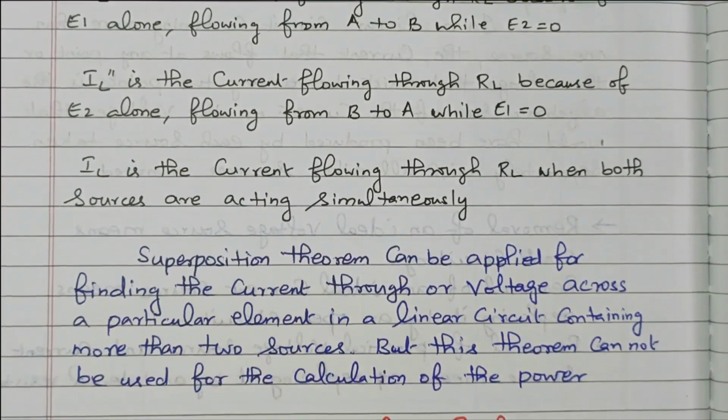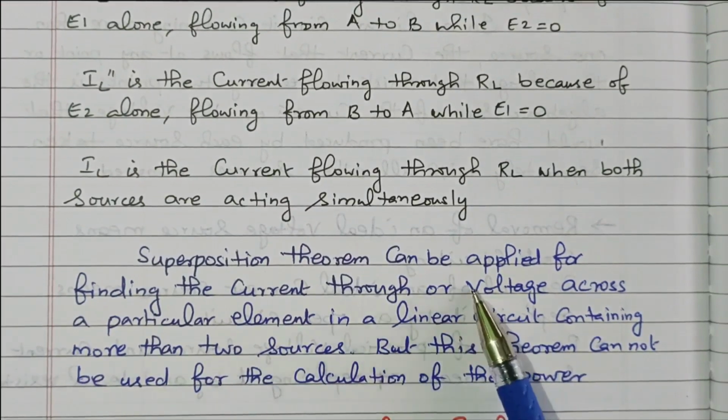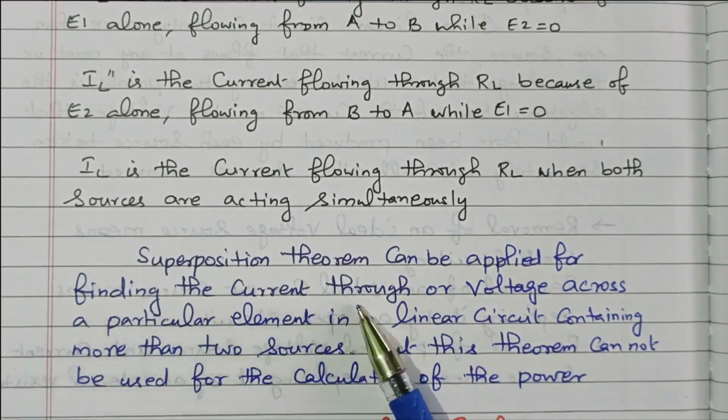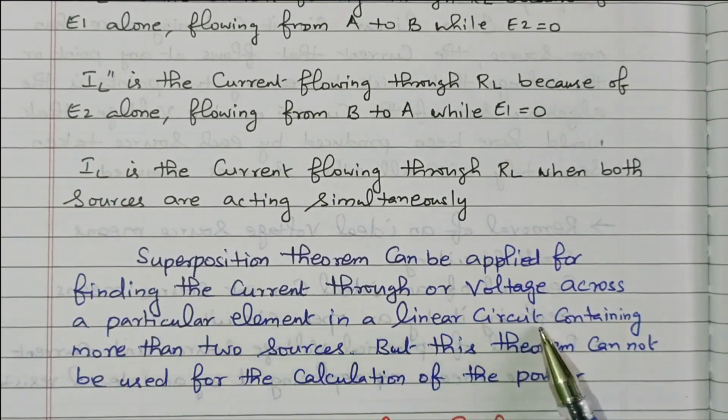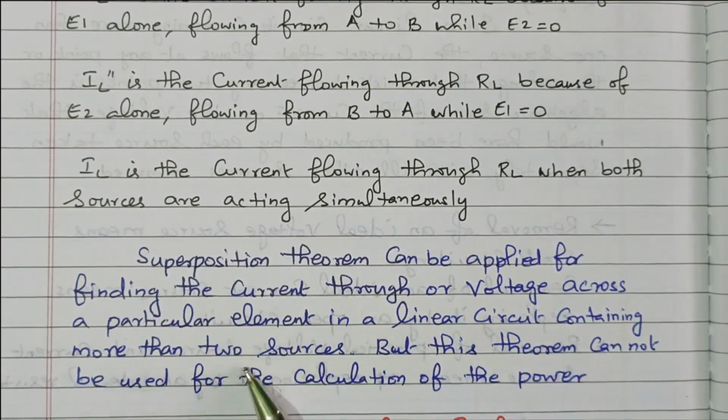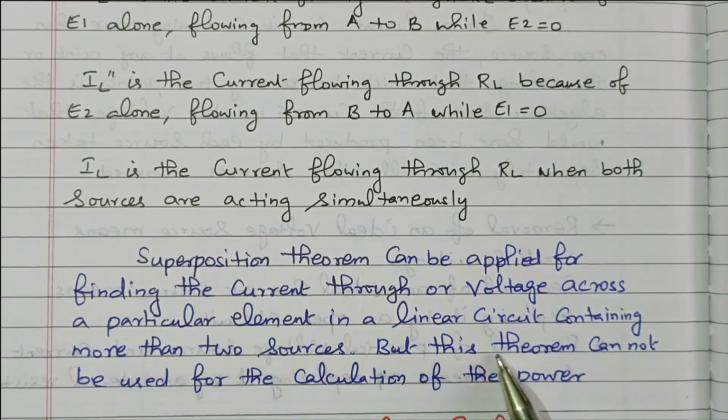Right. Now we'll see that the superposition theorem can be applied for finding the current through or voltage across a particular element in a linear circuit containing more than two sources. But this theorem cannot be used for calculating the power. Right. So the limitation is there.